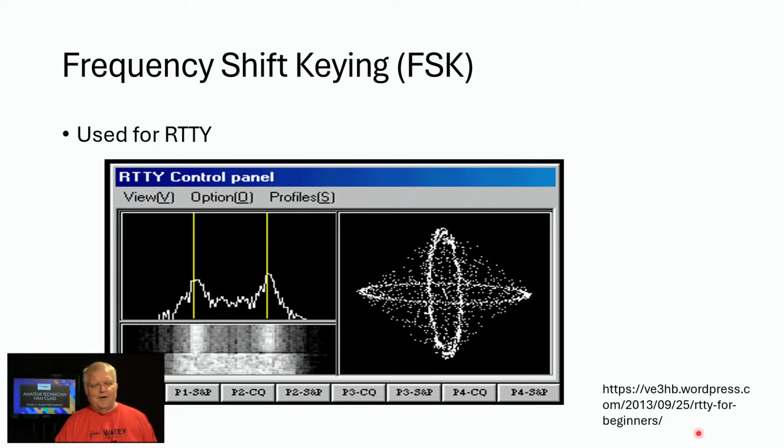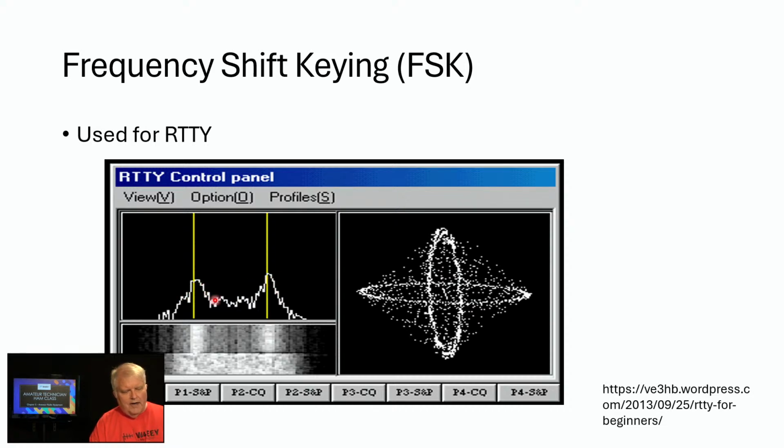Frequency shift keying is most normally associated with radio teletype. Here is the screen from a radio, much like the Flex, where we're looking at the amplitude of signals. You see there's a signal here, and a signal here. If you were to look at this online, you would see that one signal is up and then the other is up.